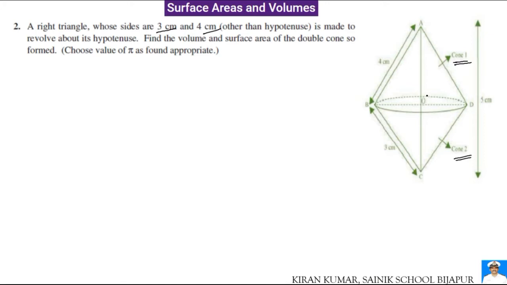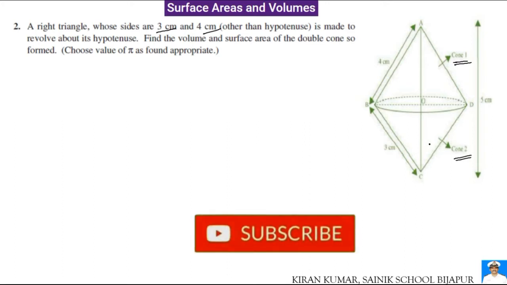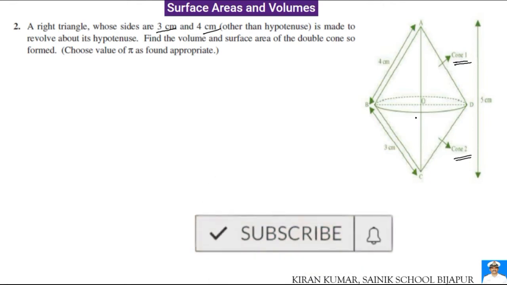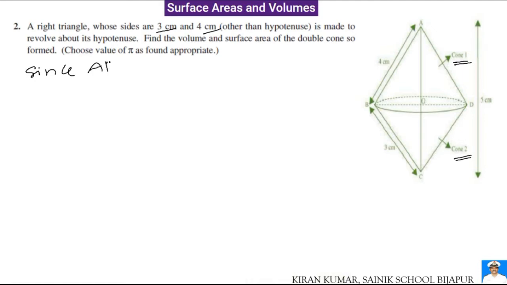So the length of AC is 5. Since AB is equal to 4 centimeter and BC is equal to 3 centimeter, and the triangle is revolving about the hypotenuse, the length of AC will be equal to 5 centimeter by Pythagorean triplet.